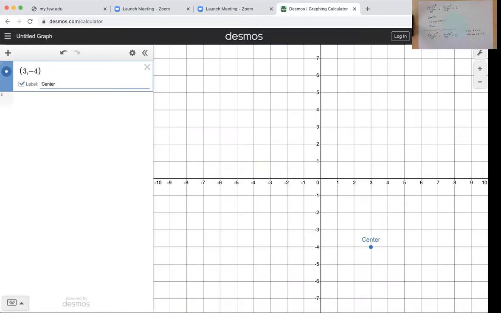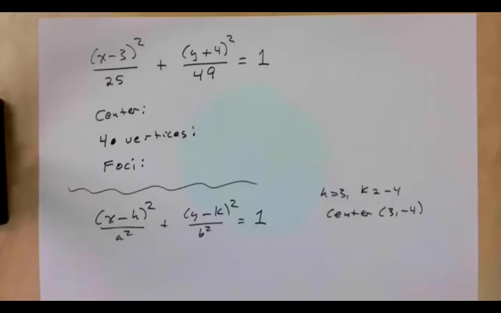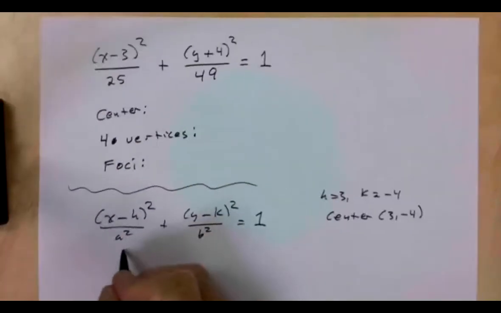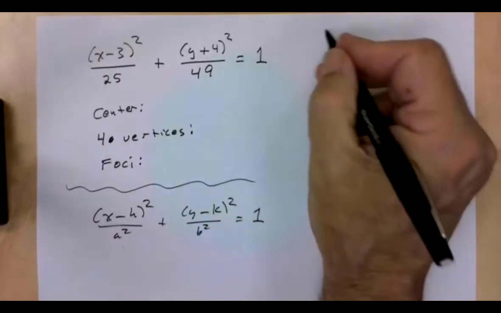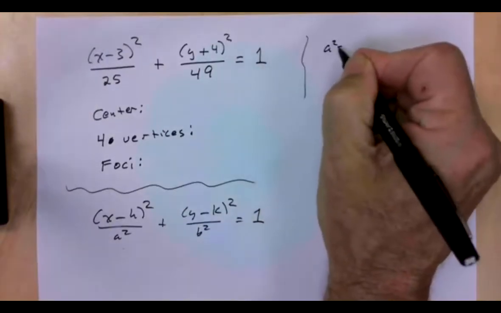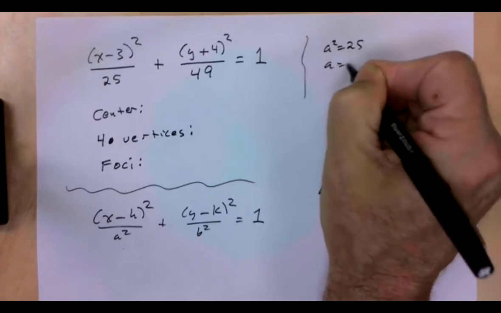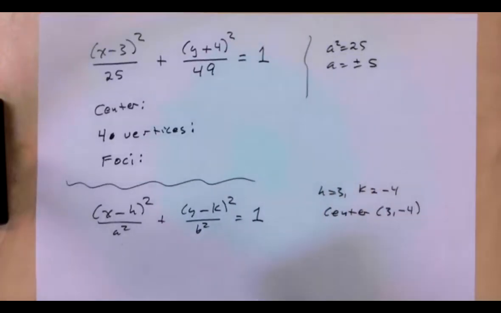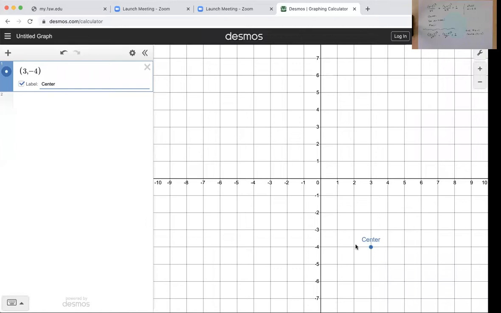Now, which direction are we going to go from the center? In the x direction, the number downstairs is 25. So we'll say a squared is 25, so a is plus or minus 5. So we're going 5 places to the left and 5 places to the right from our center. If we take a look back at our graph, 5 places to the left, 1, 2, 3, 4, 5.